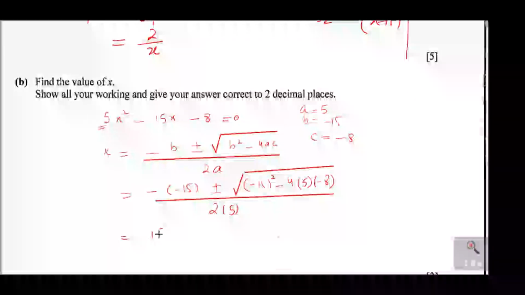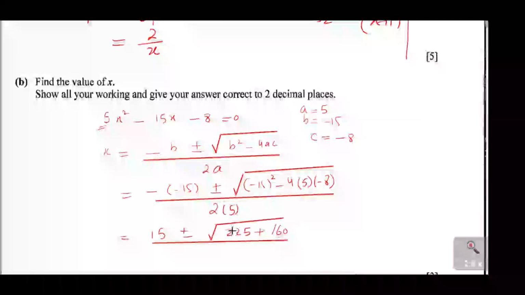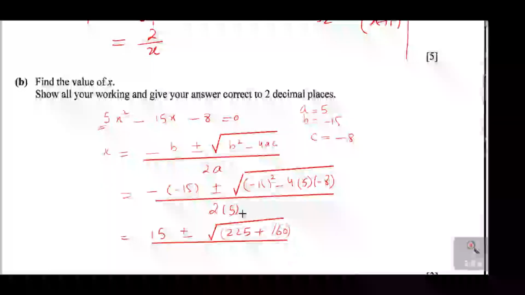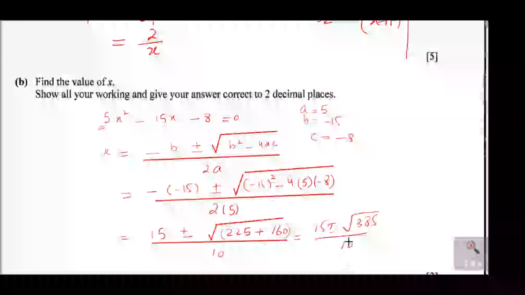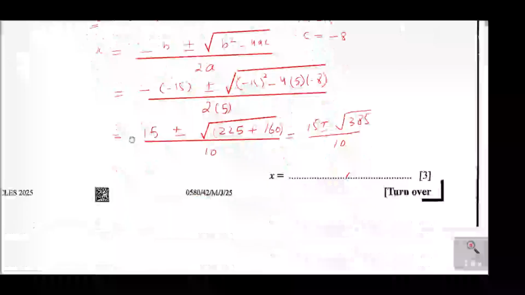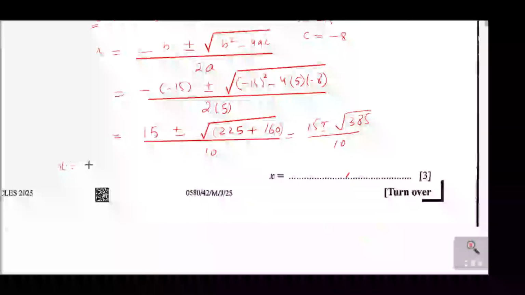And this value equals 15 plus minus the square root of 225 plus 160, over 10, and we can write 15 plus minus the square root of 385 over 10. And this will be x equal to 15 plus the square root of 385 over 10, or x equal to 15 minus the square root of 385 over 10.